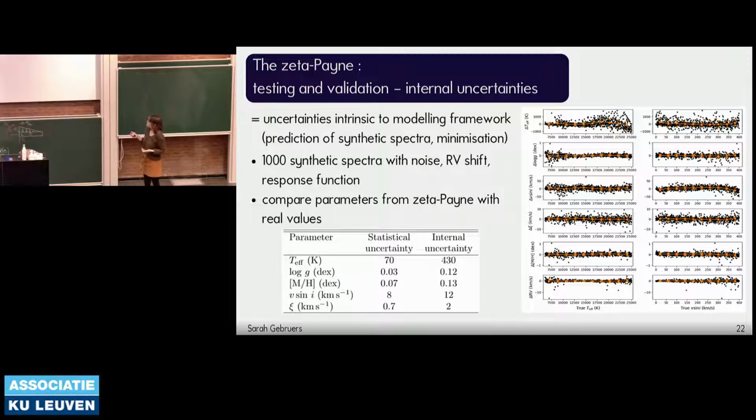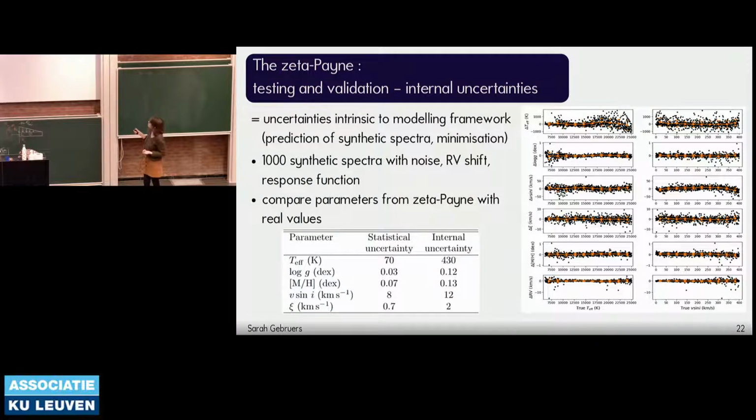And for that, we computed 1,000 synthetic spectra, which were not present in the sample that we used for training. We added noise, some Poisson noise, a radial velocity shift, and a response function. And then again, as I said before, we let the pipeline predict parameters for them and compare them to their real values. And here in this figure, you can see the differences that we got in each of these parameter values as a function of temperature and of V-sin i.